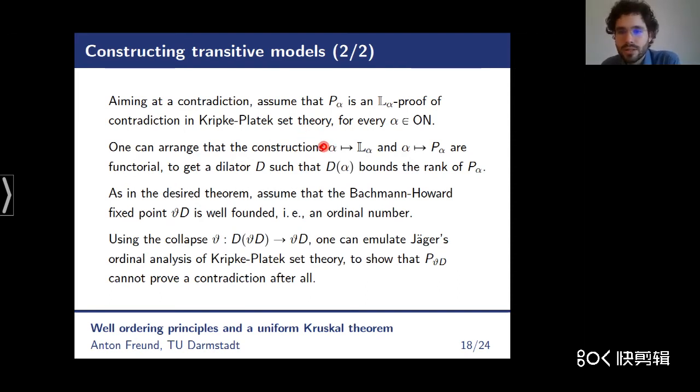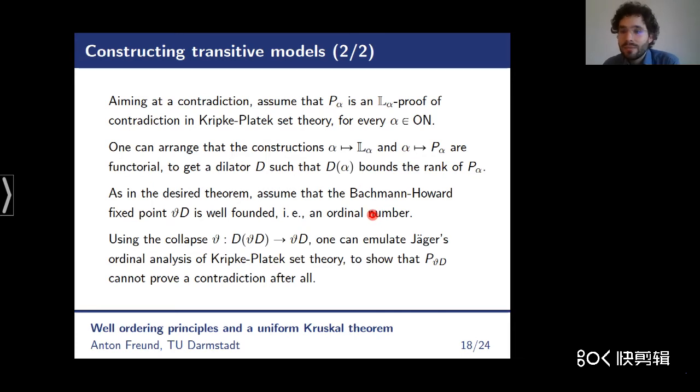So the construction of Gödel's constructible hierarchy can in a certain sense be turned into a functor, and then our family of proofs P alpha can also be turned into a functor. And once we have done that, we see that the ranks of these proofs will be bounded by the values of a delator D.